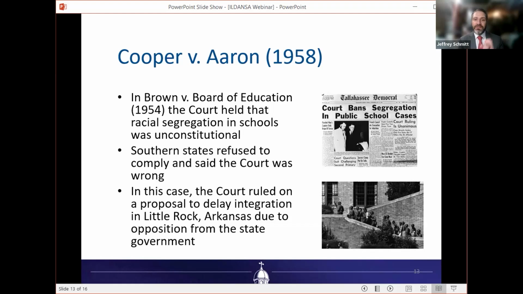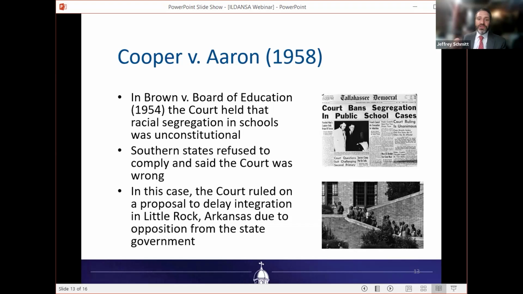The Supreme Court intervened here in the middle of this period to support President Eisenhower. President Eisenhower went in to desegregate the schools in Arkansas because the Arkansas government was saying the Supreme Court was wrong. The Arkansas legislature passed a statute saying segregation is good, the court is wrong.